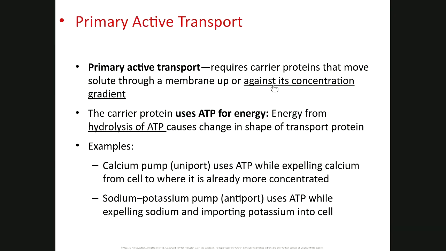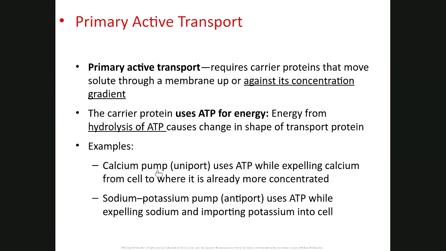That is a type of positive feedback. Primary active transport requires ATP. How do we get ATP? Remember, hydrolysis. We do hydrolysis of the terminal phosphate on ATP, and that releases energy.